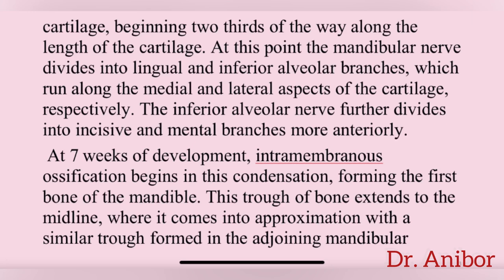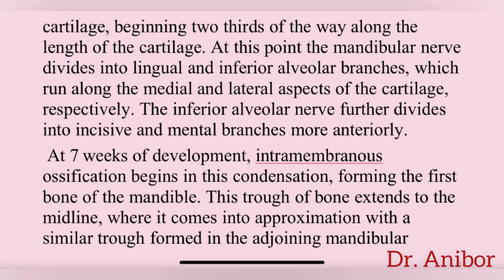The mandible is forming from the mandibular process at the 7th week of development, and I said this is occurring around the Meckel's cartilage. The Meckel's cartilage has to be well positioned, and around it you have development of the mandible occurring by intramembranous ossification. Intramembranous ossification occurs, and the template is actually fibrous mesenchymal tissue.